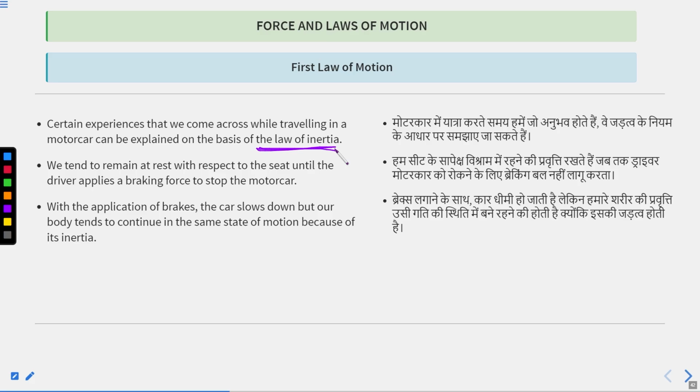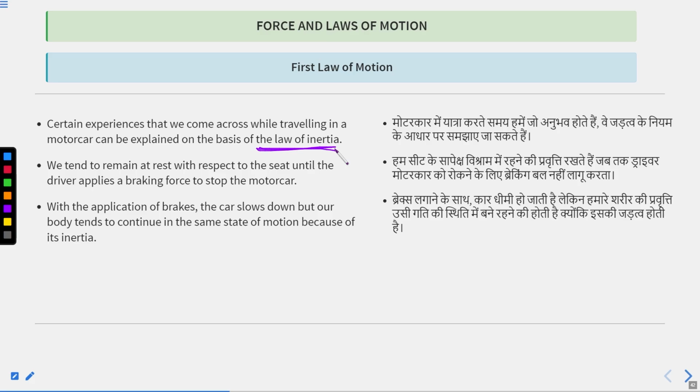The explanation is that when you are sitting on a bus, the bus is in a rest state and your body is in a rest state. You also have the property of inertia: if your body is in a rest state, it wants to stay in that same state, and if you want to change the state, you have to apply force. So the bus is at rest, you are also at rest.